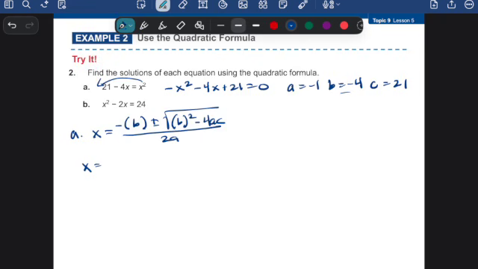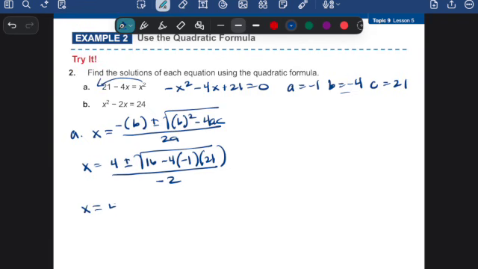B is -4, so the opposite of -4 is +4. Plus or minus the square root of, b is -4, -4 squared is 16, minus, I'm not going to do my minus yet. So I have -4 times -1 times 21. I'm going to write this part out. All over 2a, 2 times -1 is -2.